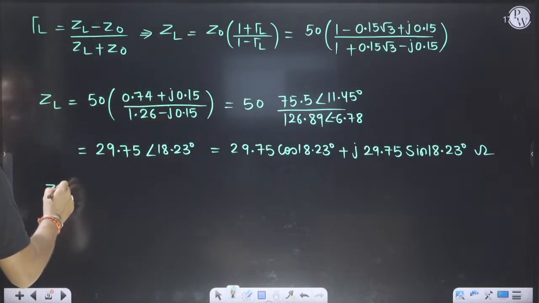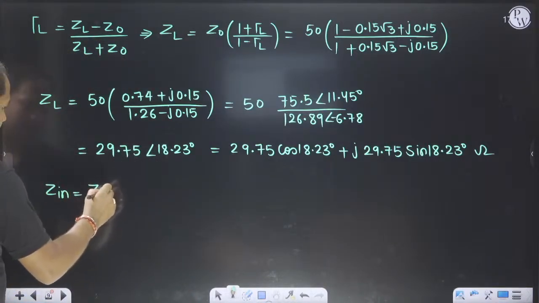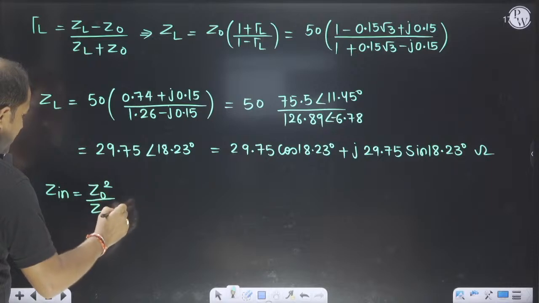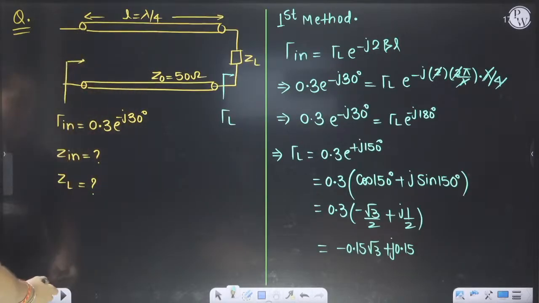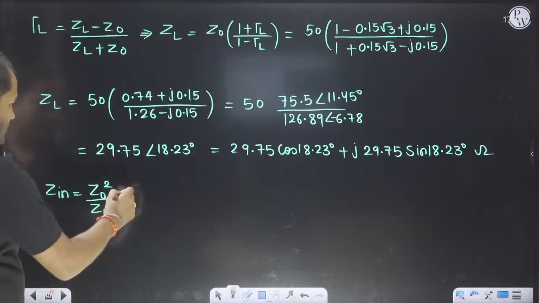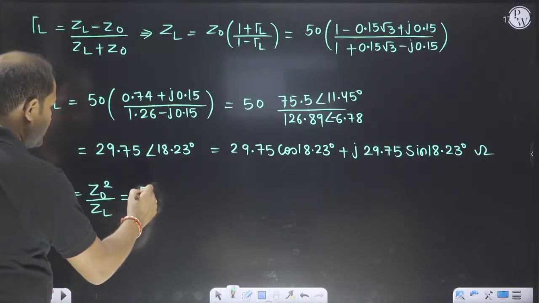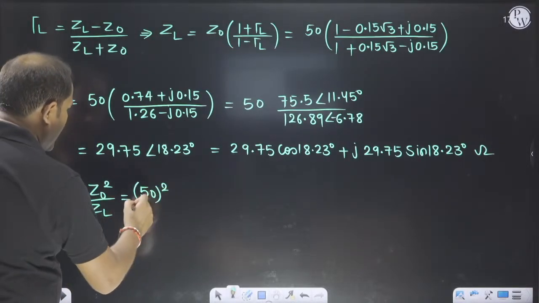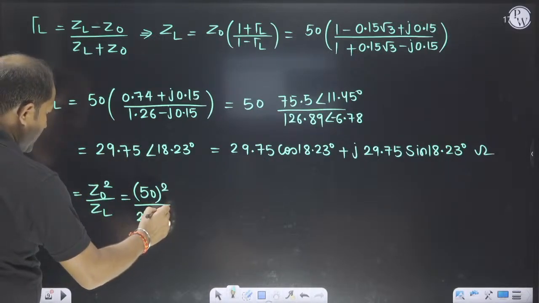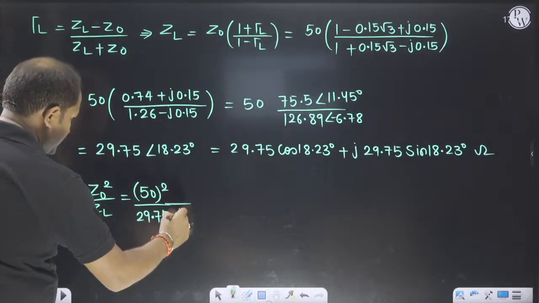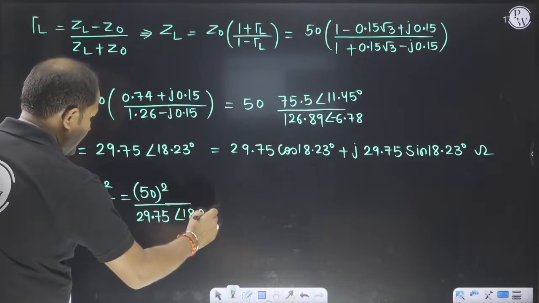Then Zin is equal to, at lambda by 4, Zin is equal to Z0 square upon ZL. Z0 we know is 50, squared, and ZL we know is 29.75 at angle 18.23 degree.